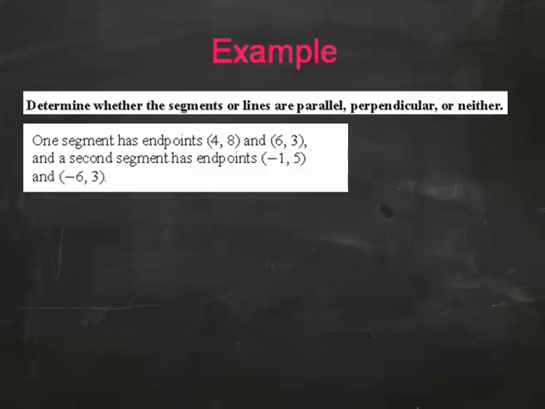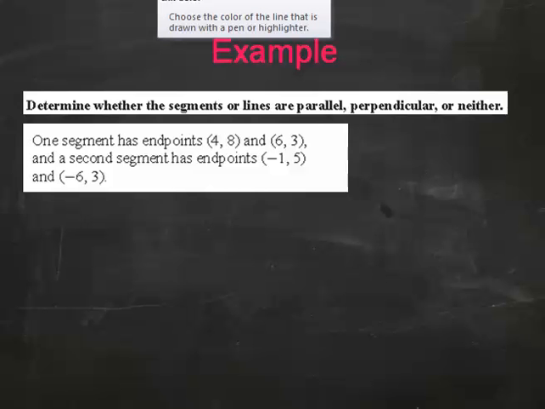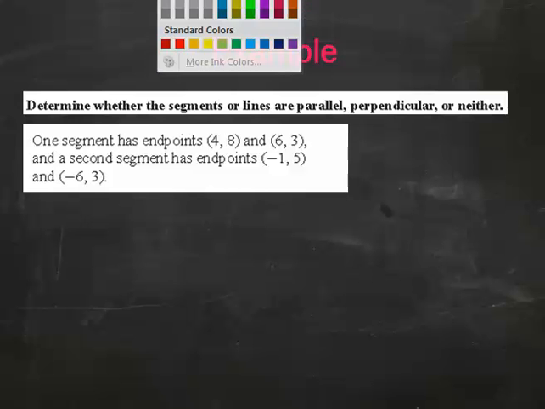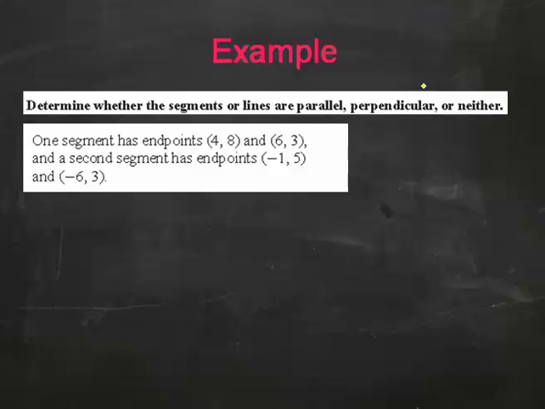Okay, this example says determine whether the segments or lines are parallel, perpendicular, or neither. Remember that parallel lines have equal slopes and perpendicular lines have opposite reciprocals. So our one segment has endpoints of 4, 8 and 6, 3.